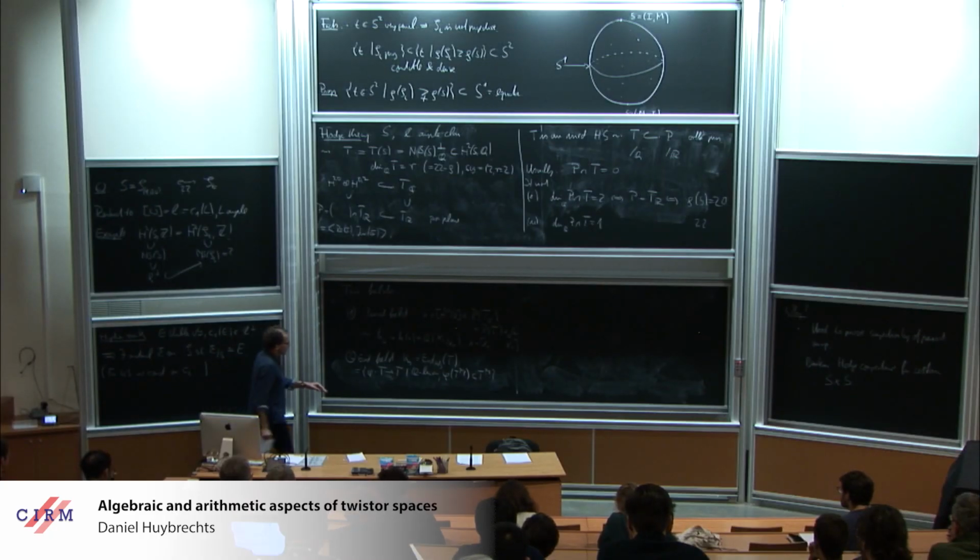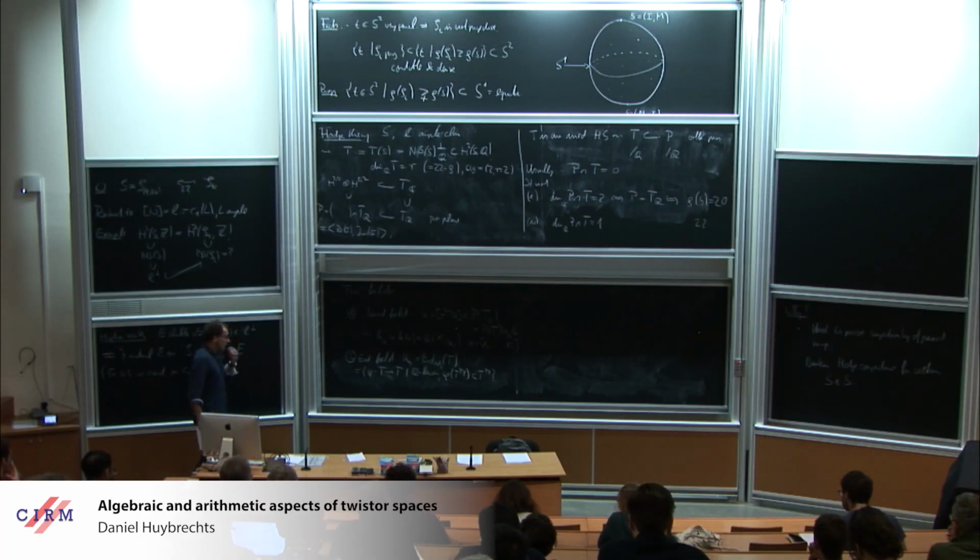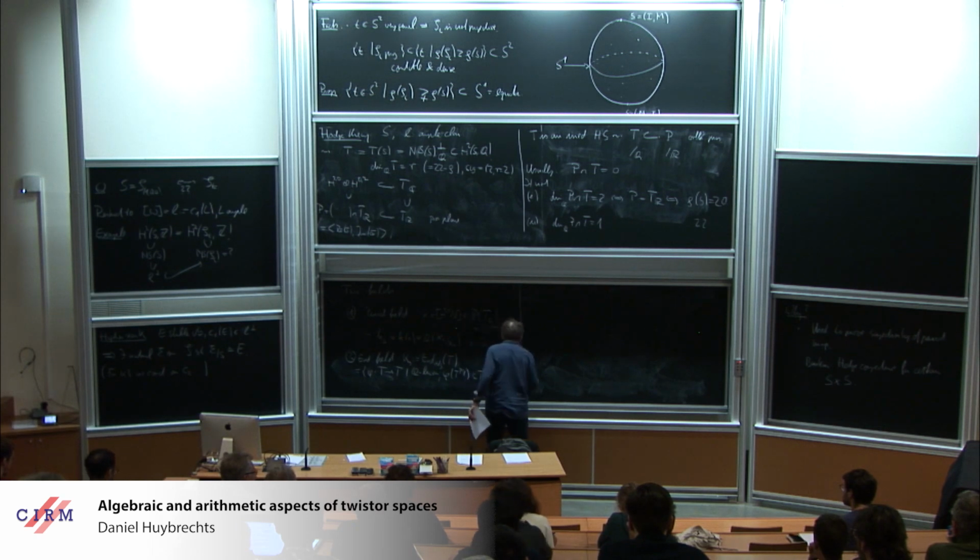So it's slightly stronger than just saying 2,0 is mapped to 2,0, which would imply also 0,2 is mapped to 0,2, but you also need explicitly that 1,1 is mapped to 1,1.